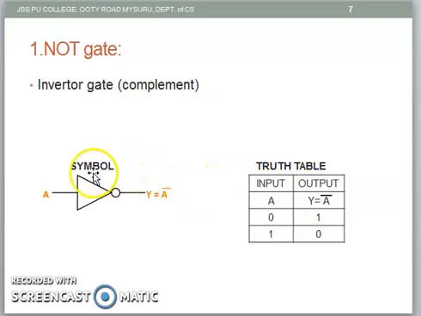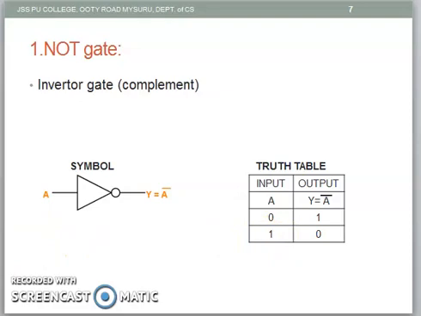Meaning the NOT gate reverses the value of the input signal to its opposite. In your examination, the question may be like this: which gate is called an inverter gate? The NOT gate is called an inverter gate. This is the symbolic representation for the NOT gate and the tabular representation.